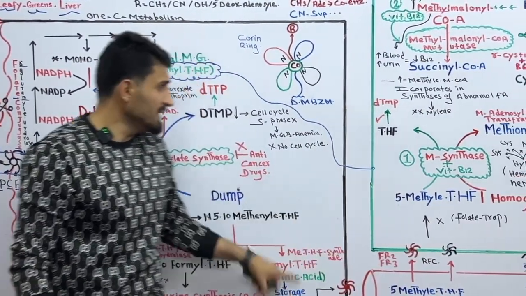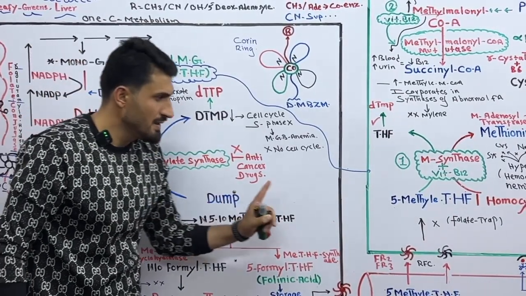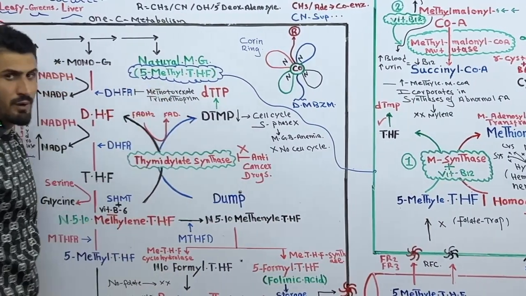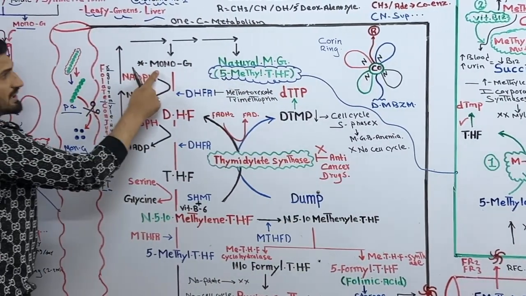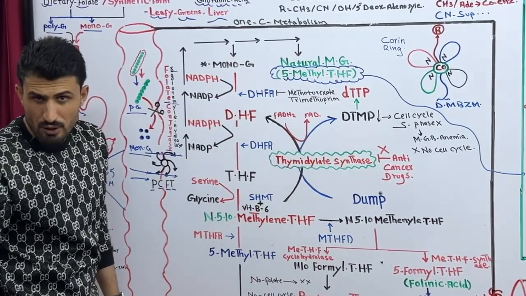Okay, the other forms of folate are not transportable. We can only transport this form. So we need to change this monoglutamate form to this 5-methyl tetrahydrofolate.